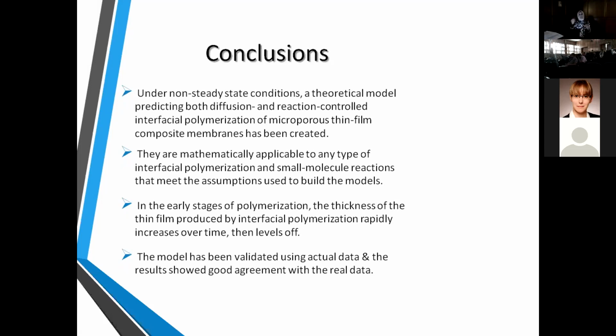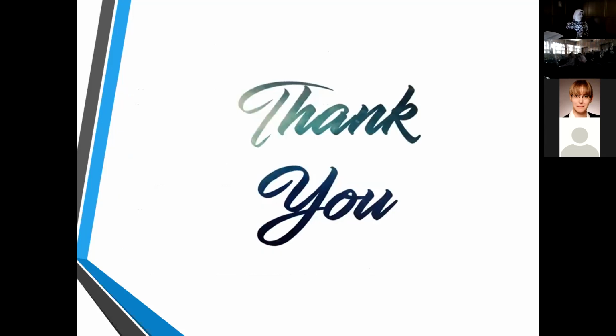In the early stage of the polymerization, the thickness of the thin film produced by interfacial polymerization rapidly increases, then levels off. The model has been validated using actual data, and the results show good agreement with the real data. Thank you.